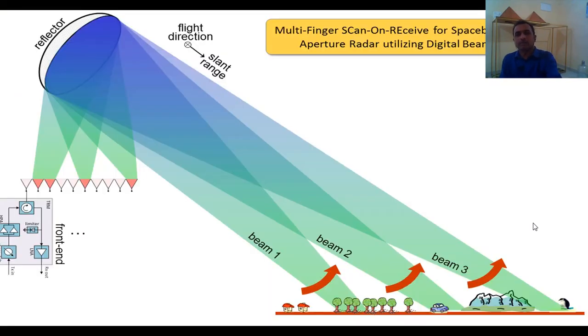So till now you learned about passive and active. What happens in the passive case? The reflected radiation is captured by the sensor, that is called passive remote sensing. In the case of active, what happens? In the active case, the sensor sends pulses towards the target and the backscattering radiation is also captured from the target.